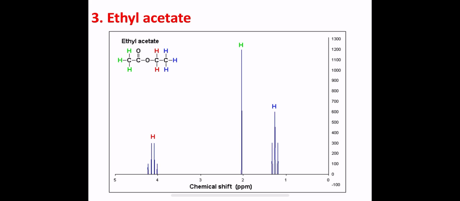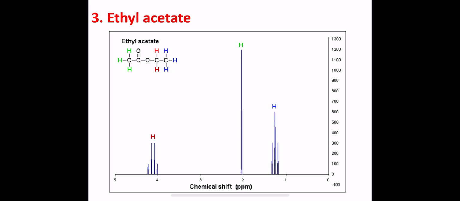The signal from CH3A appears as a singlet. It is not involved in spin-spin coupling because the adjacent carbon does not contain any proton. This adjacent carbon has an oxygen in the double bond, oxygen on the other side, and a carbon on the third side, so it is a carbon atom without any protons.